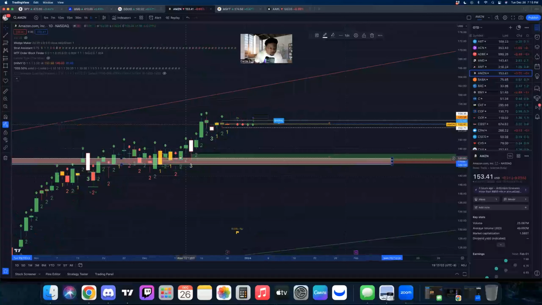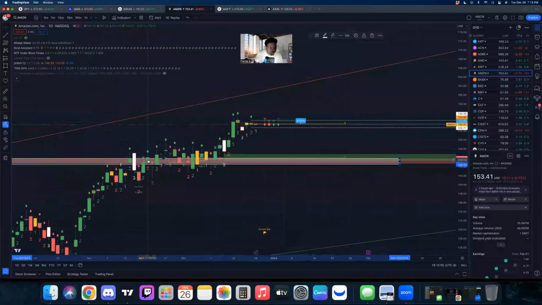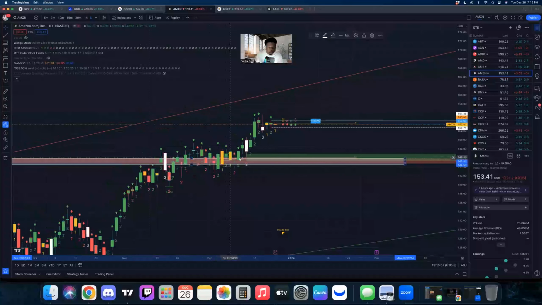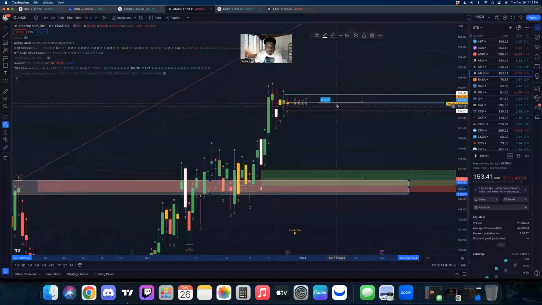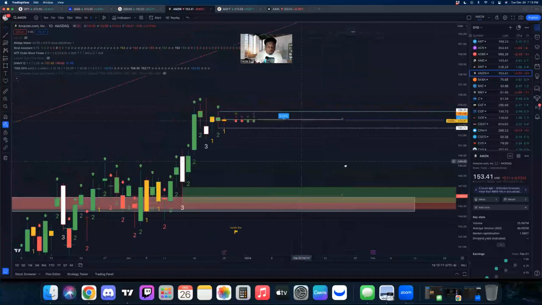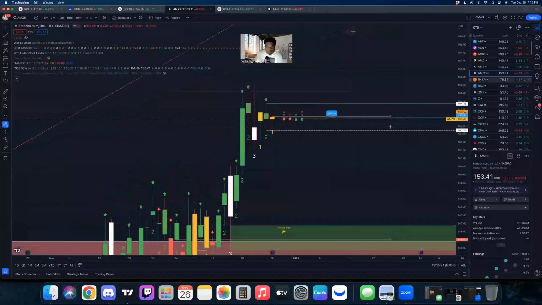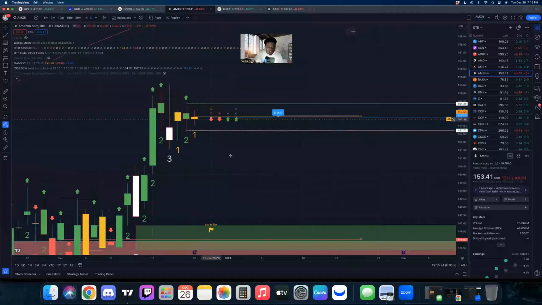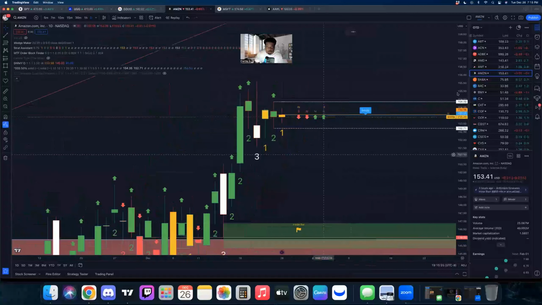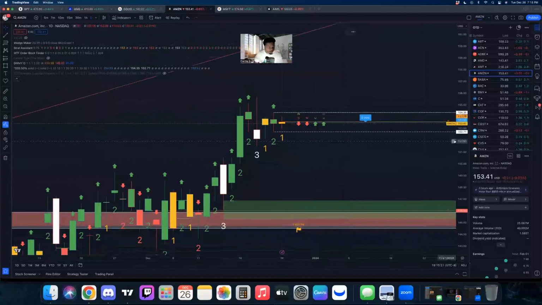So we could see Amazon coming down to this area, this 145, 146 area, kind of. But let's go ahead and put in some charts. So we got some consolidation here on Amazon on this daily chart.